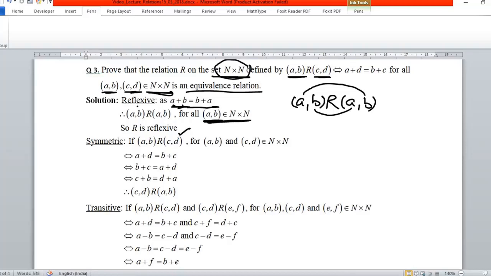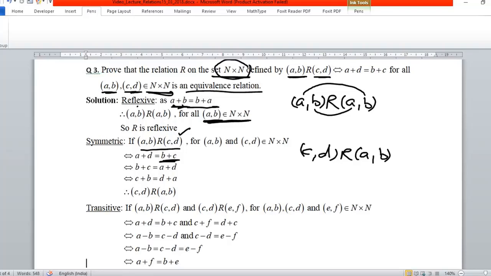For the symmetric part, we need that if a comma b is related to c comma d, then we need to show that c comma d is related to a comma b. According to the definition, a plus d is equal to b plus c. Now I can interchange the left hand side with the right hand side, so b plus c comes to the left hand side, and this is equal to a plus d.